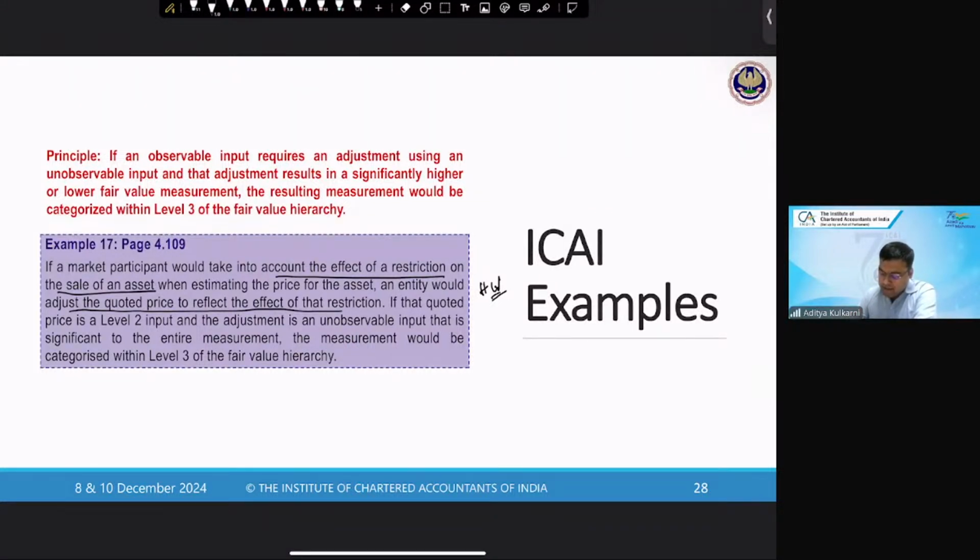If that quoted price is a level 2 input, the adjustment is an unobservable input that is significant to the entire measurement, then we would categorize it within level 3 of the fair value hierarchy. So what it is trying to say is you are having a level 2 input and then you make an adjustment. Now this adjustment is significant. So therefore, you will be treating it as a level 3 fair value hierarchy.